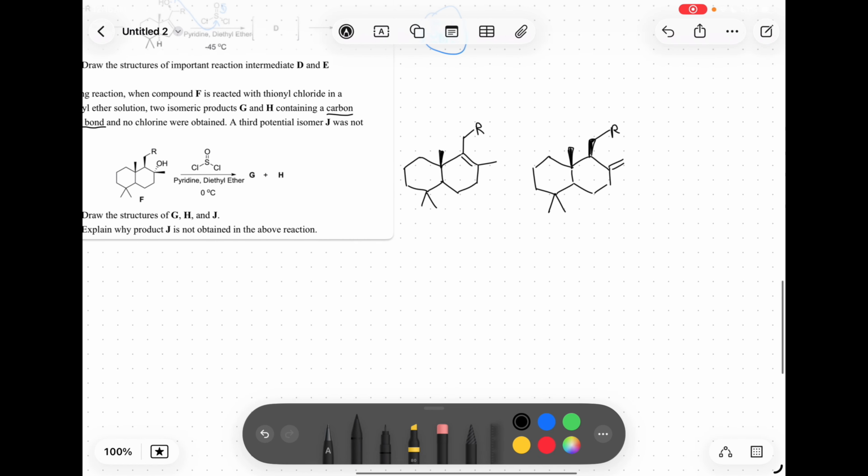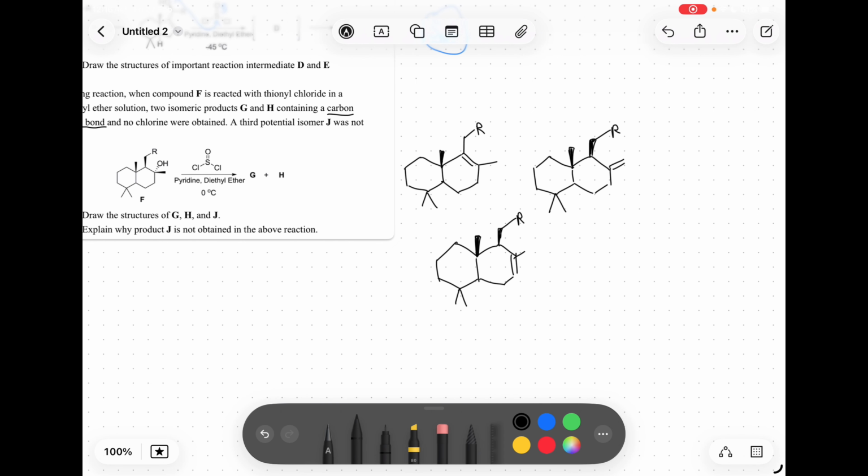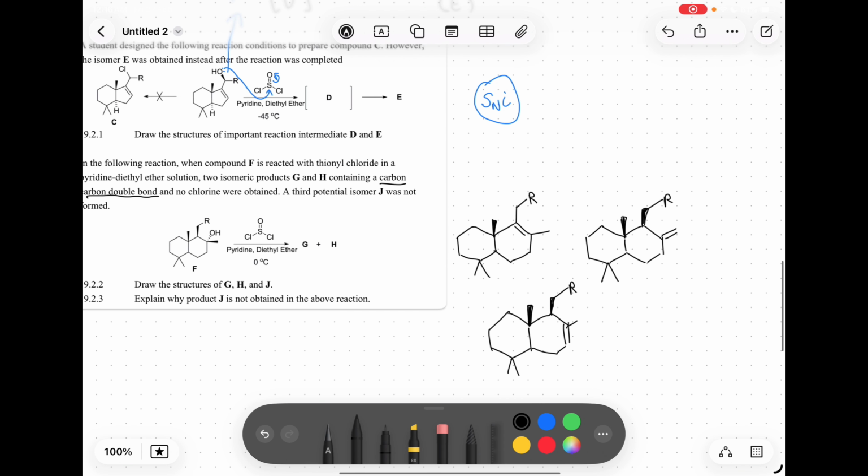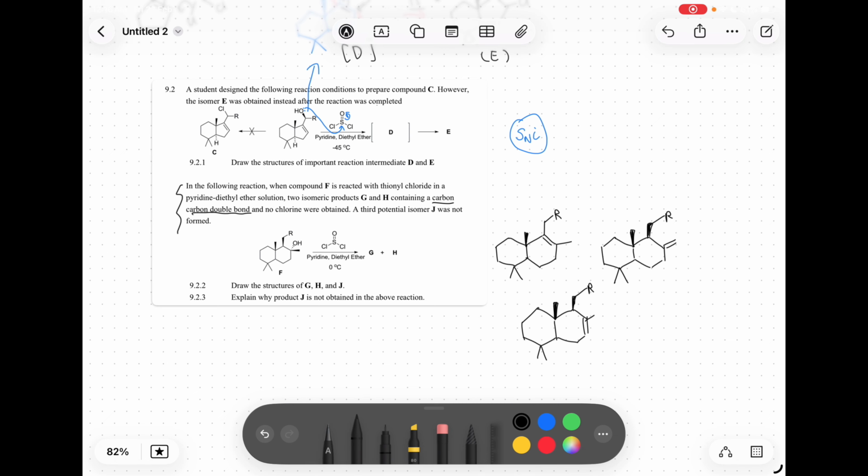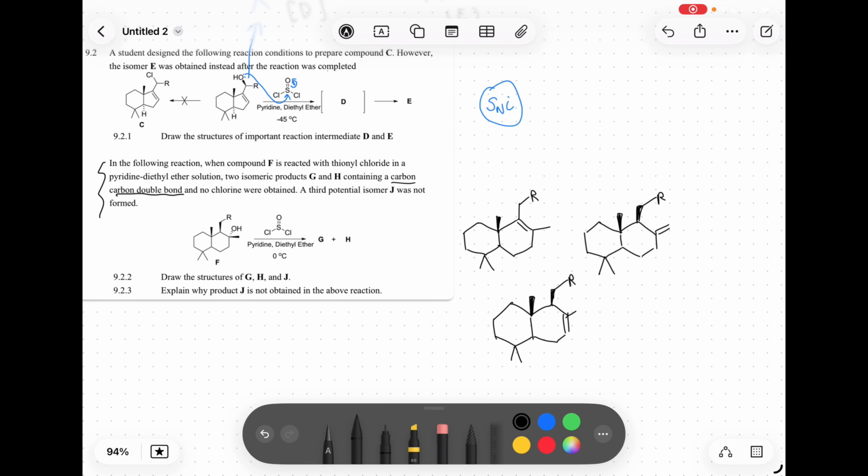So this is your second option. And your third option is going to look quite similar to your first one. So these are your G, H, and J, and one of them isn't formed. So we're just going to decide which one isn't formed.